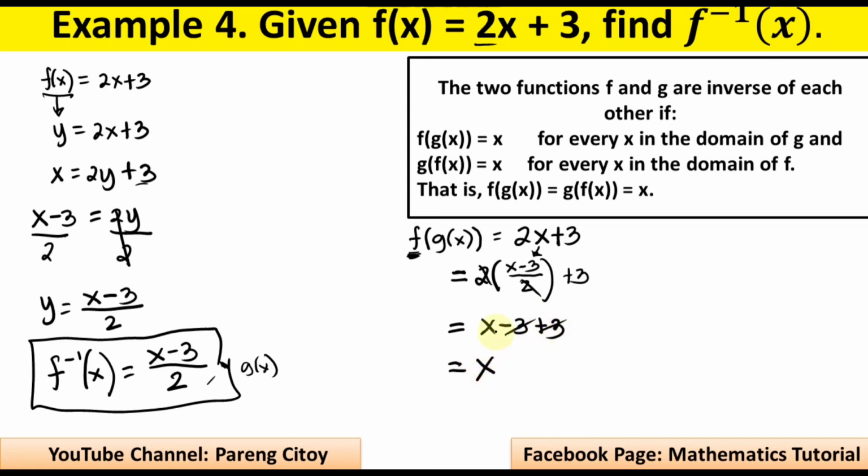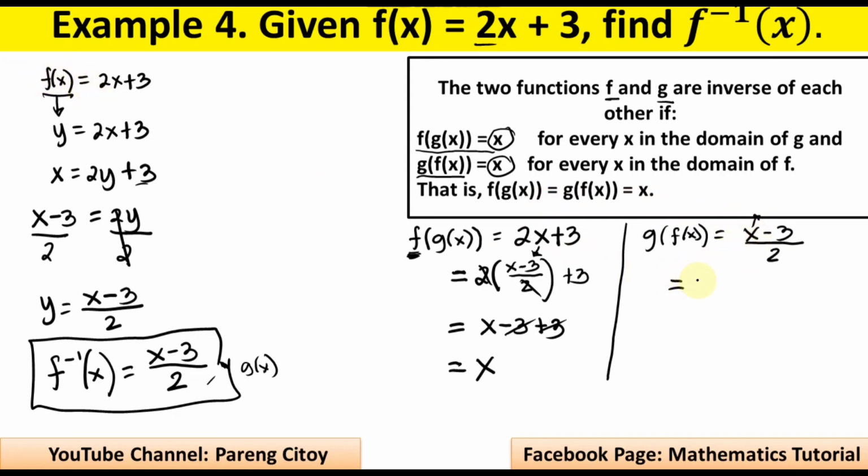So tingnan natin, if the two functions f and g are inverse of each other, if ito magiging equals to x, how about this one, magiging x ba? So tingnan natin. So we have g of f of x equals, so ang value ng g of x, that is the inverse of the given function, so that is x minus 3 over 2, then equals, then ang value ng x dito, okay, so that is value ng f of x.